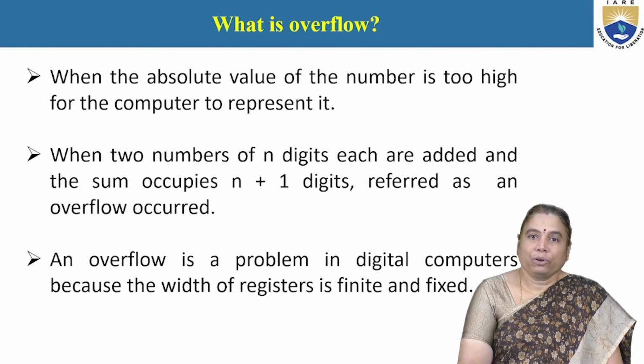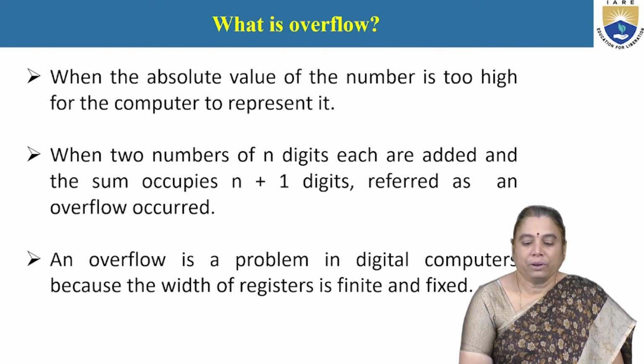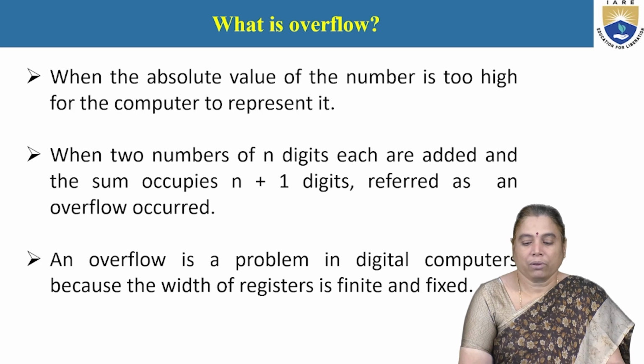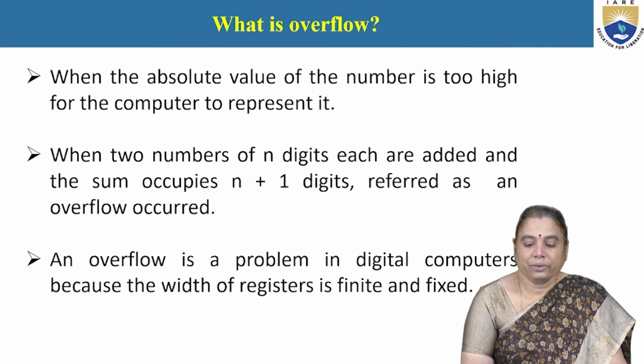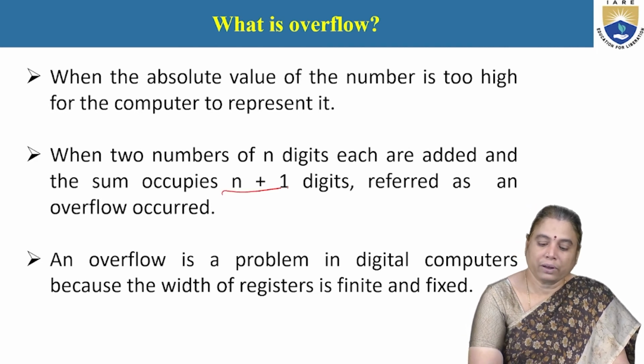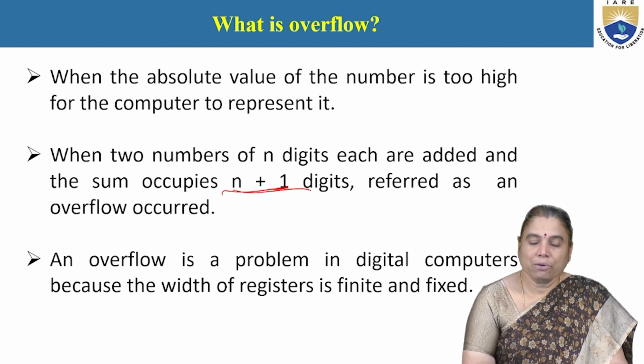What is overflow? When the absolute value of the number is too high for the computer to represent it, then overflow occurs. When two numbers of n digits each are added and the sum occupies n plus 1 digits, it is referred to as an overflow.